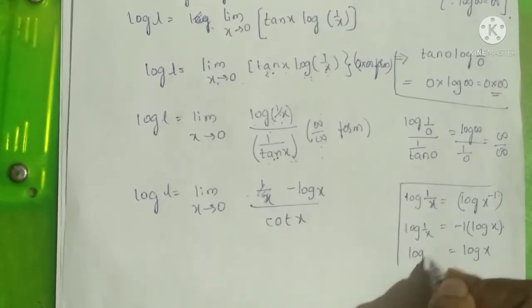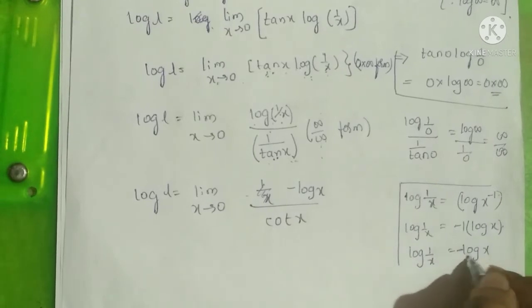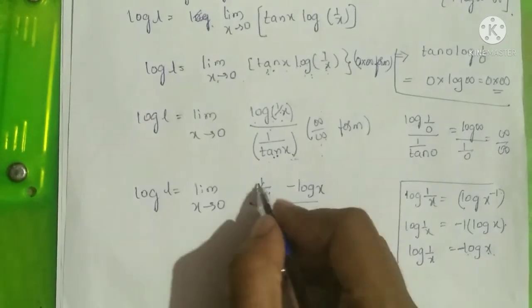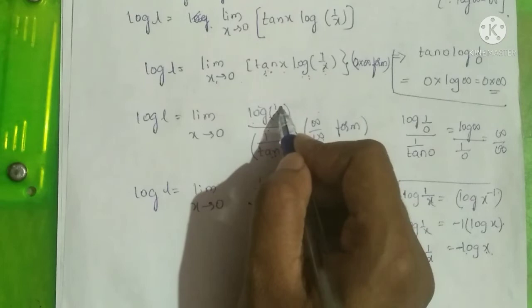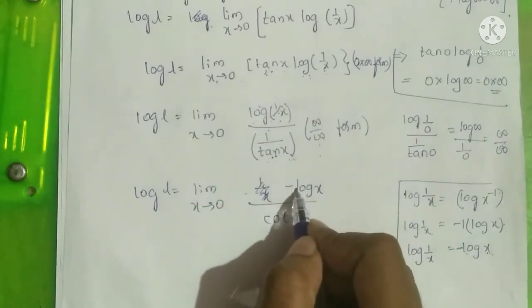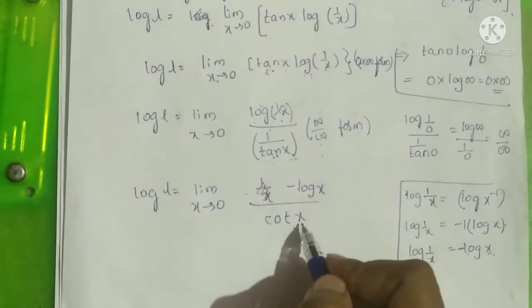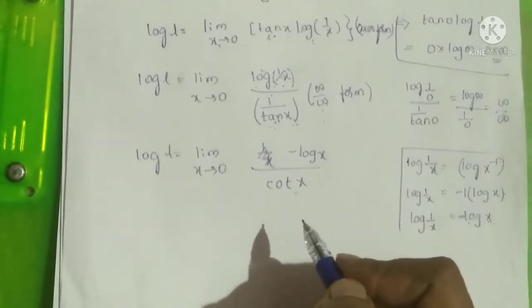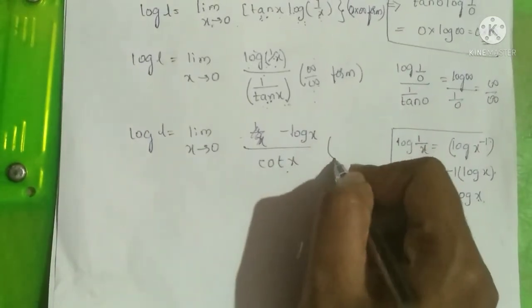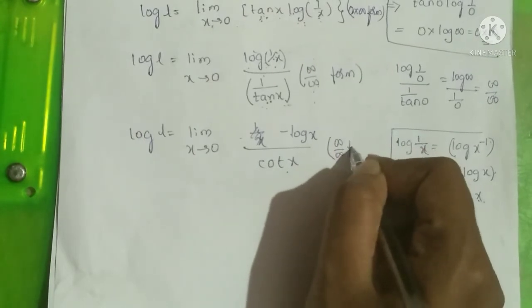So log 1 by x is minus log x, and 1 by tan x is cot x. Even this form is in the form of infinity by infinity form.